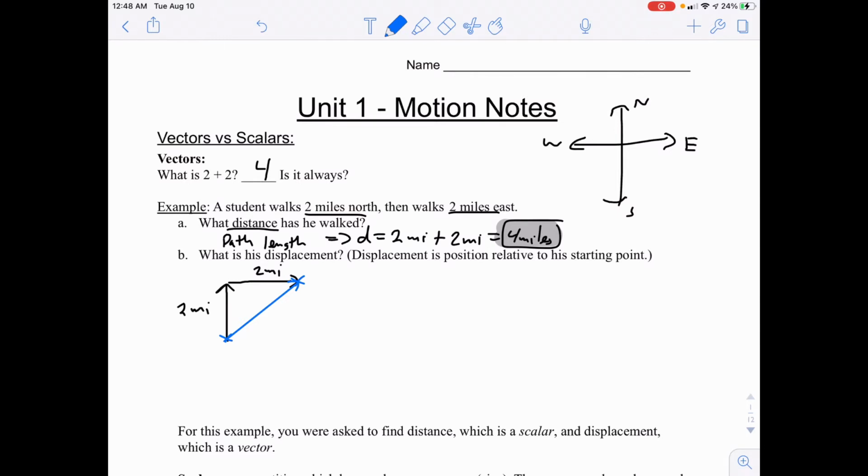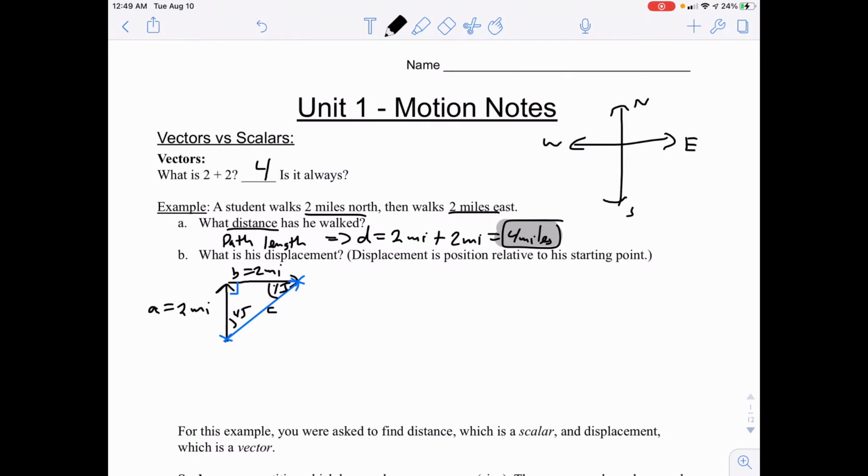What would be this displacement? Well, you can see it's a right triangle there, and we need a little Pythagorean theorem to figure that out. So we call this side A and this side B, and then we'd be looking for side C. So A squared plus B squared equals C squared, or we could reason this out that this is a 45, 45, 90 triangle.